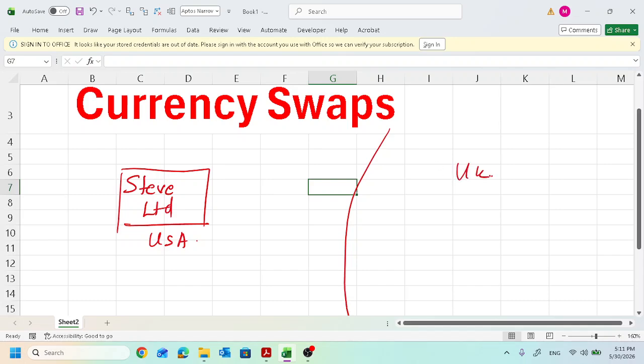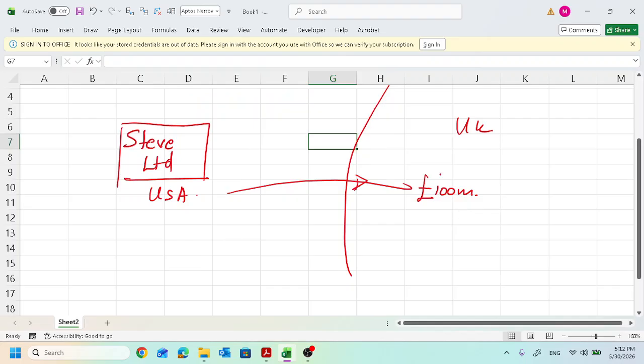In the UK, they want to make an investment of 100 million pounds now. They will invest for 3 years. After 3 years, they will receive 200 million pounds. A simple investment like this: 100 million they are investing, after 3 years it's doubled, and they are getting it back.